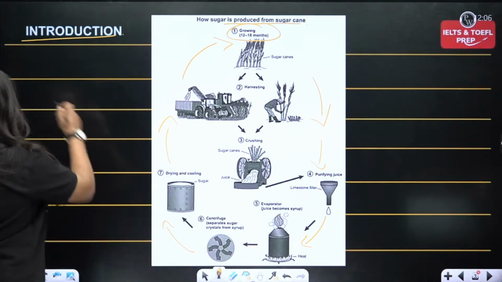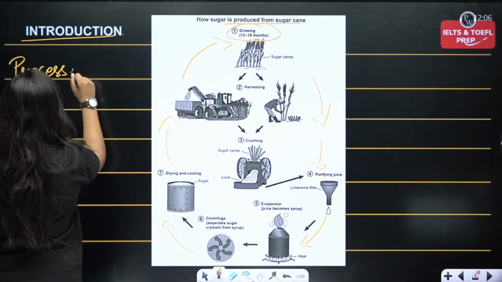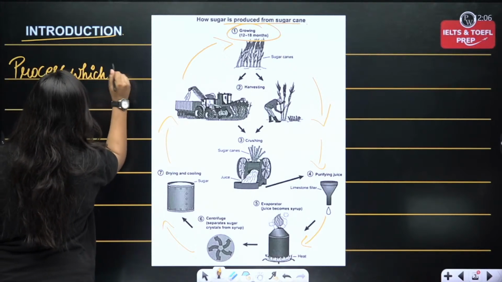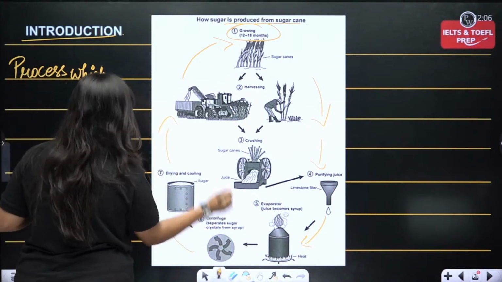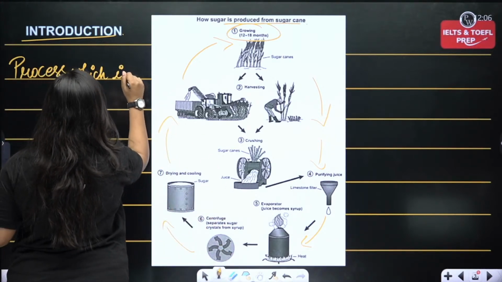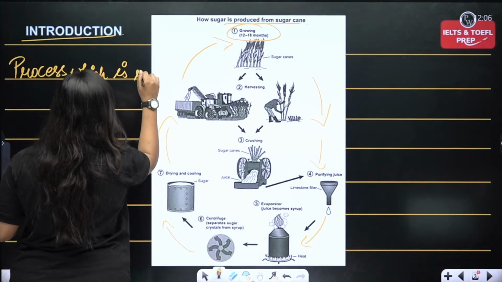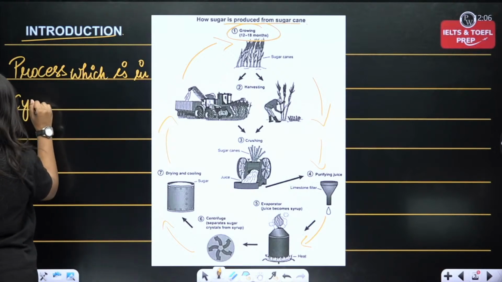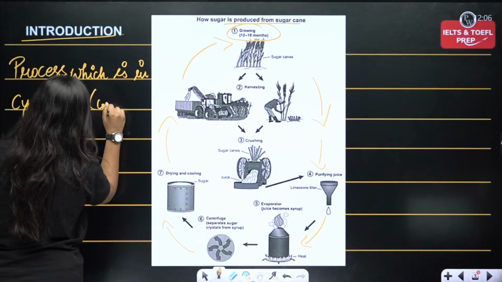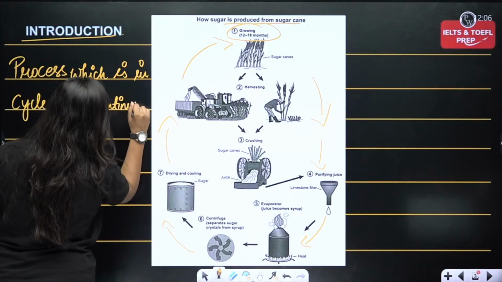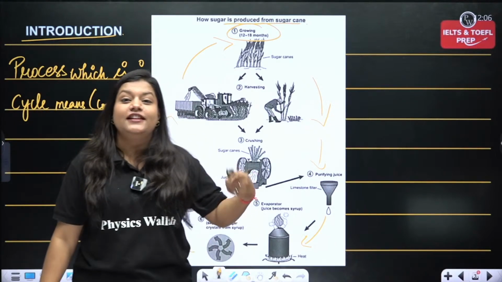So, a cyclic diagram usually talks about the process which is in cycle, which means it is continuing in nature.